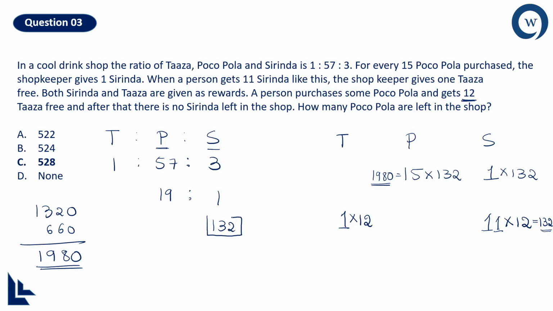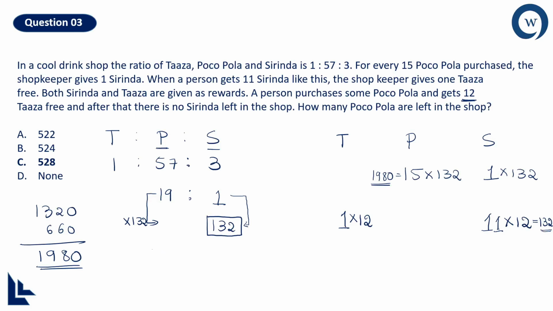So now you tell me, if 1 is identical to 132, this is reality and this is your assumption. To convert your assumption into reality, multiply it with 132. Then, in order to find the total number of Coca-Cola, you again have to multiply this number with the same element, 132.